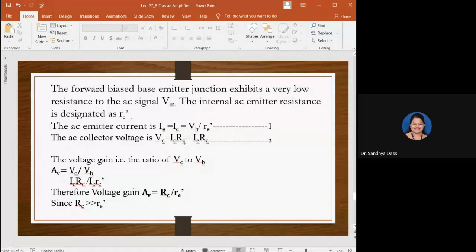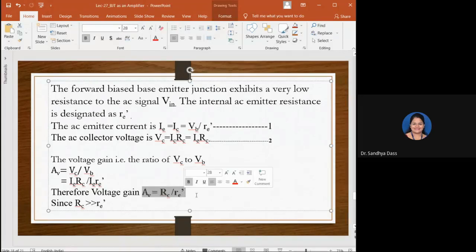Substituting VC equal to IE RC and VB equal to IE RE dash, what are you left with? This is the standard equation. The voltage gain of the transistor as an amplifier is given by RC by RE dash.